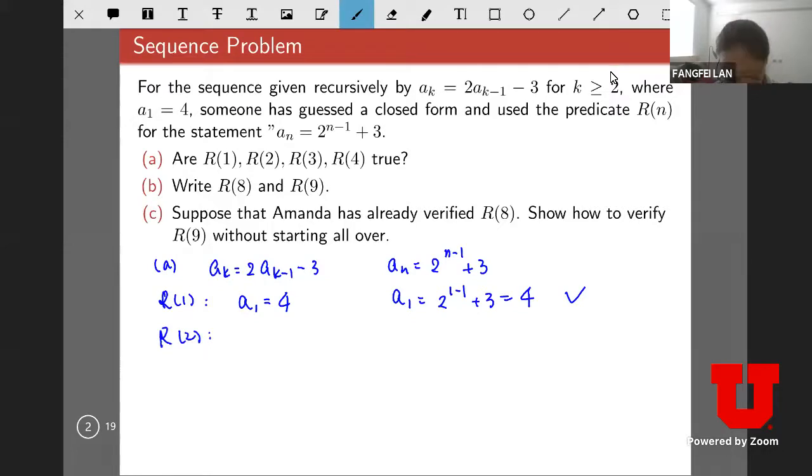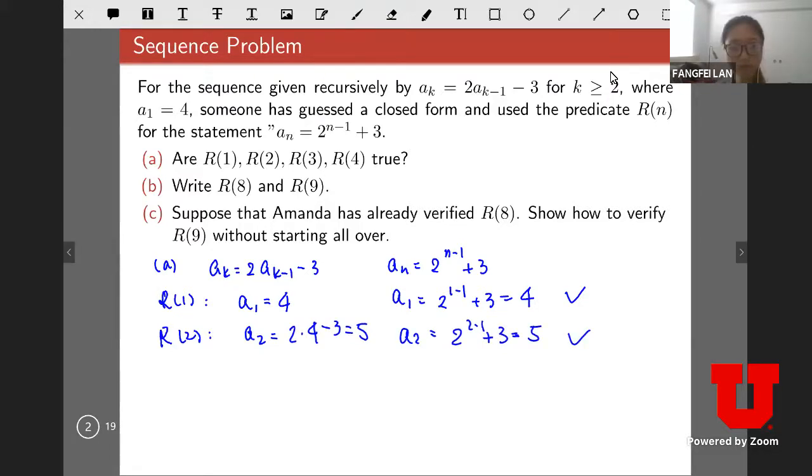So what about R2? Do some algebra. What is R2? Too early for algebra, I guess. Okay, 2 times 4 minus 3, that's 5, right? And on this side, A2 is equal to 2^(2-1) plus 3, that's also 5.